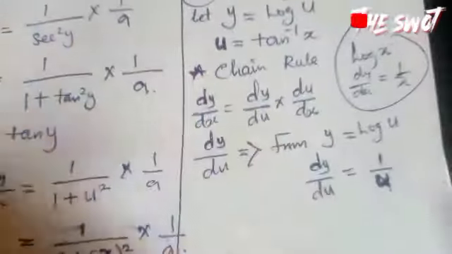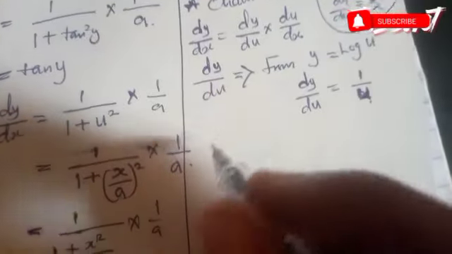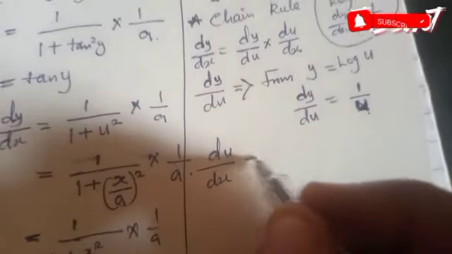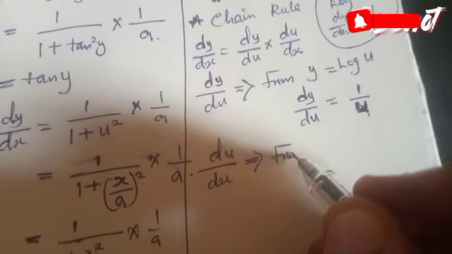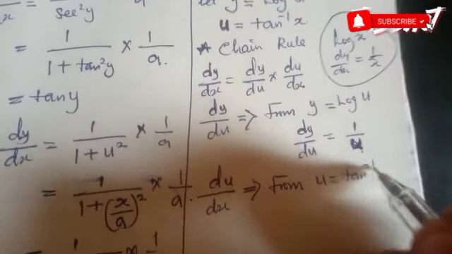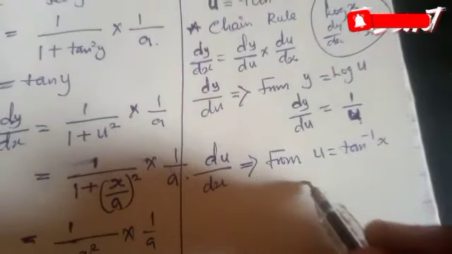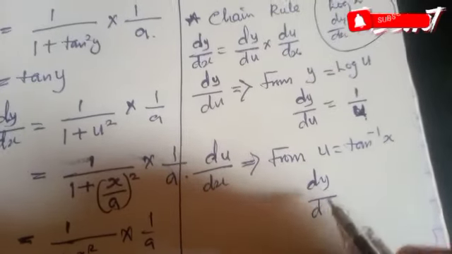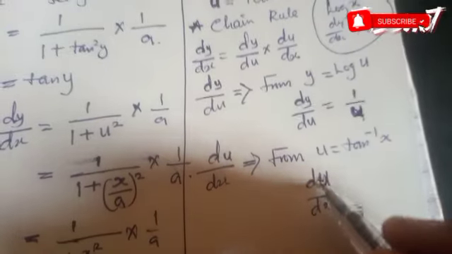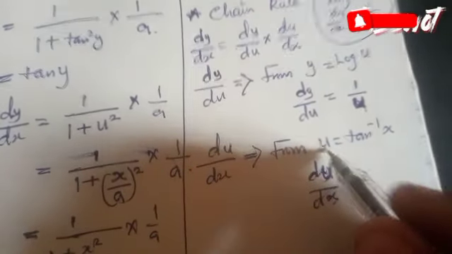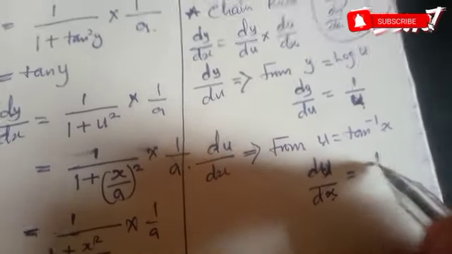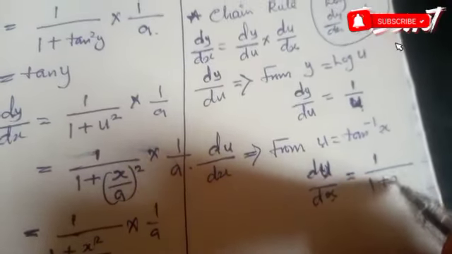So you should understand that. So for this one it will be 1 over u. The next one to know is du over dx, where u equals tan inverse of x. From tan inverse of x, the du dx, meaning u in respect to x, will be 1 all over 1 plus x squared.